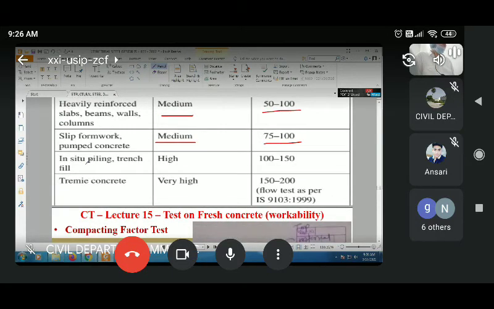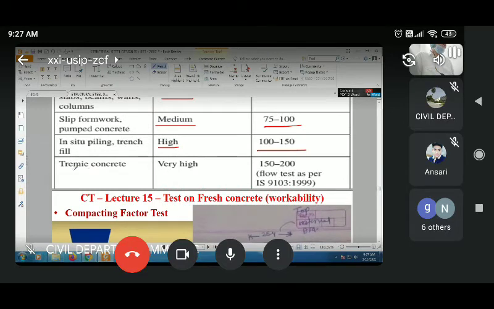Then for in situ piling and trench filling, a slump of 100 to 150 is required if there is a very narrow section, or if trench filling is done below the surface of the ground, then high workability is required, and the slump value will be 100 to 150 mm.